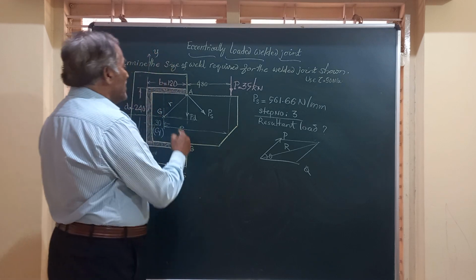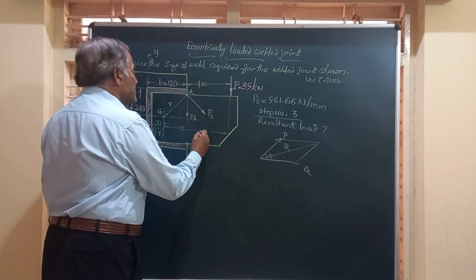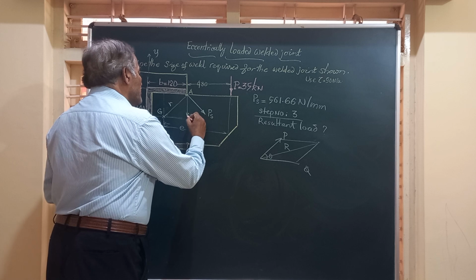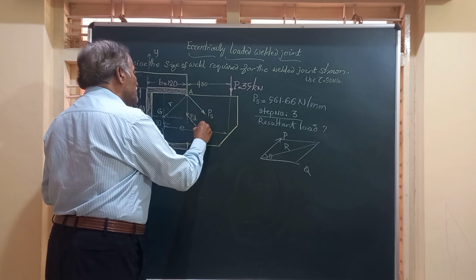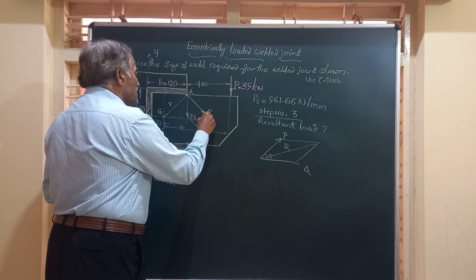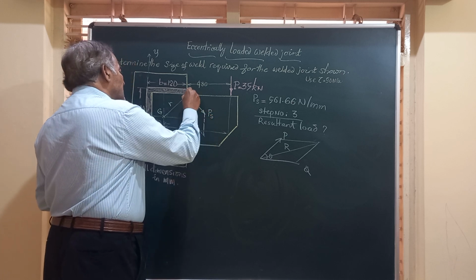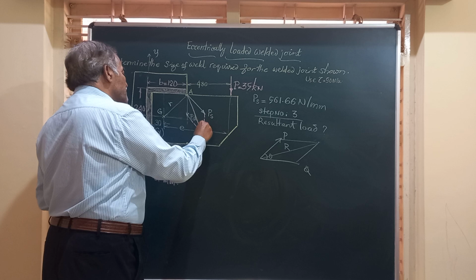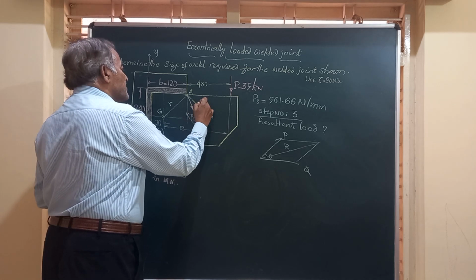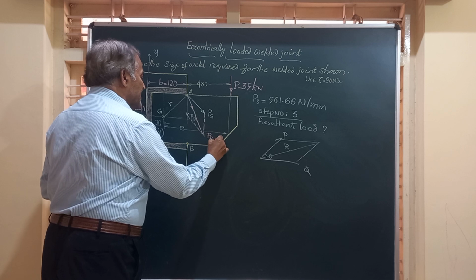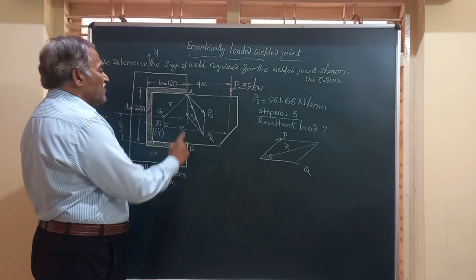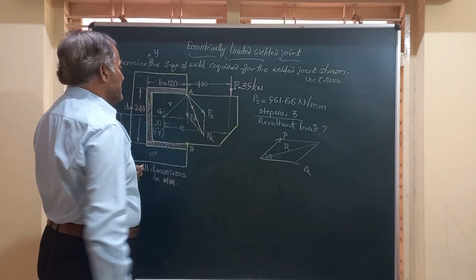Now, if I want to find out the resultant of these two, I have to complete this parallelogram, and this diagonal will give you the resultant. This is our P resultant, or the resultant of PD and PS.